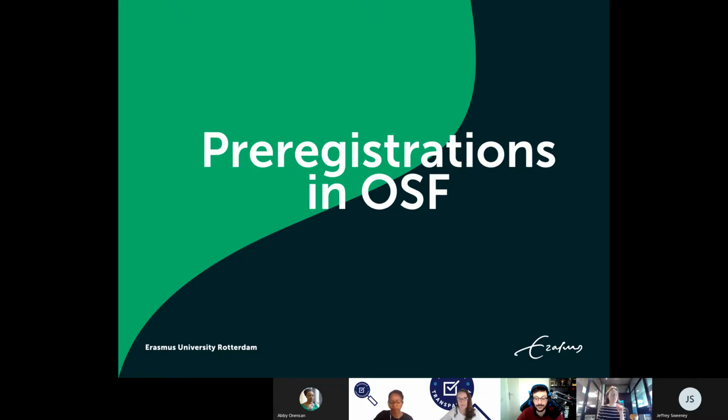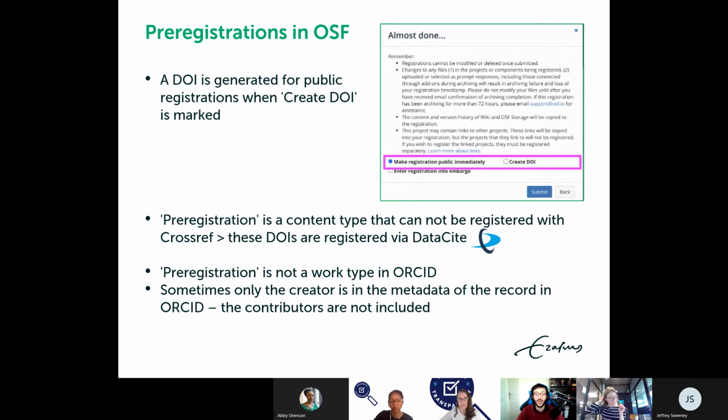So if you have a pre-registration in Open Science Framework, as Antonio showed in his session, when you make the registration publicly available, then there is the option to mark create DOI, and that means a DOI is created for your pre-registration. But unfortunately, that's a content type that's not supported by Crossref, which is one of the main DOI registry agencies. So Open Science Framework has to register these DOIs via DataCite, a different organization.